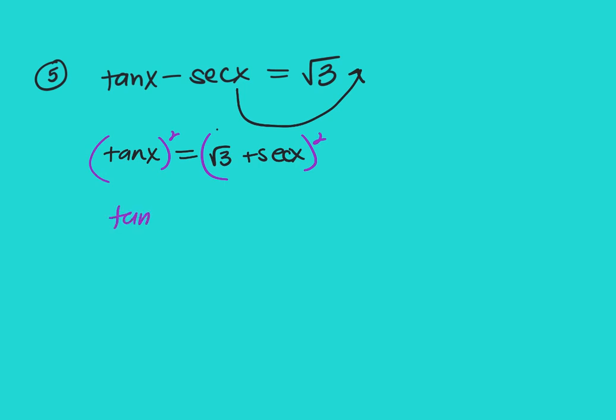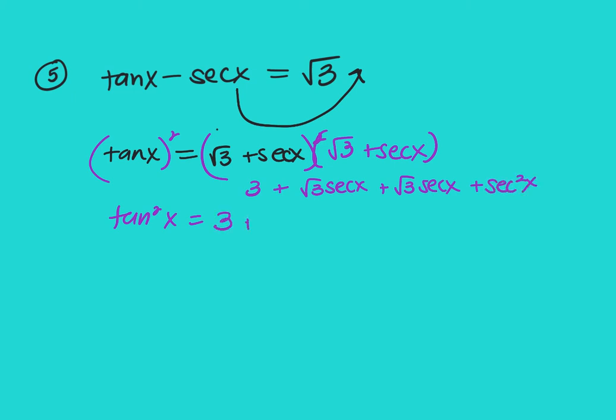So tan squared x would equal, and I would FOIL this out, 3 plus root 3 secant x plus root 3 secant x plus secant squared x, or 3 plus 2 root 3 secant x plus secant squared x.